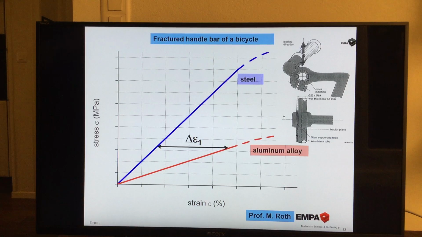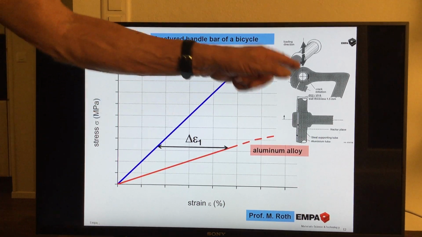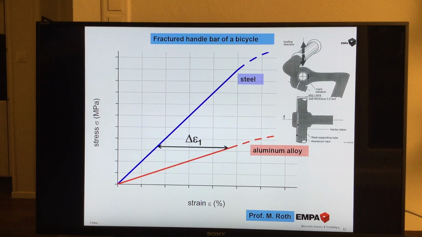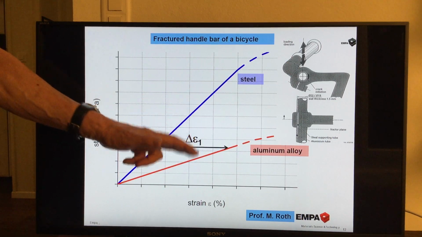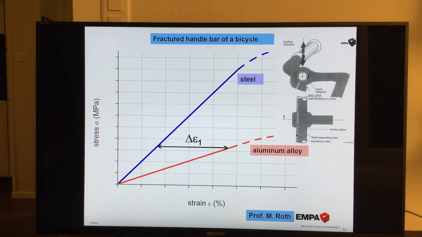Now the question is coming, how can we improve so that this kind of failure doesn't happen anymore? And this is also our experience, and I can tell you, without any change of the design it will be the same, and also these two materials will be the same. Now, think carefully. What can we do?